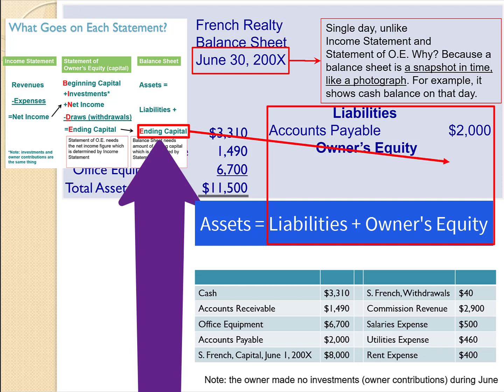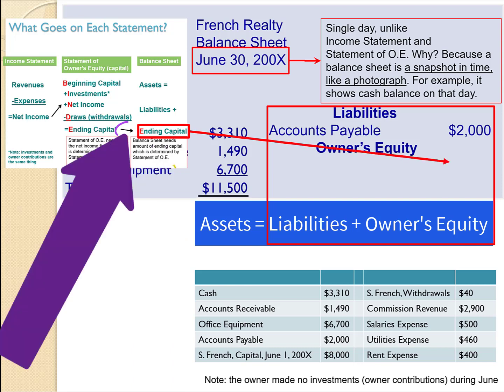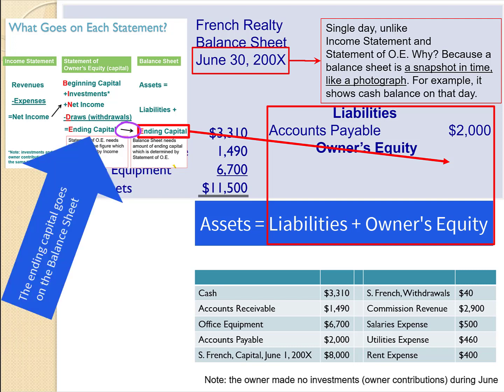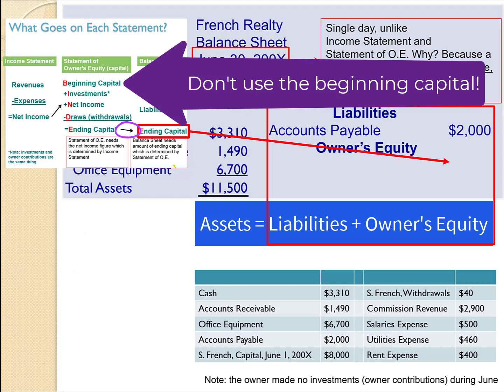And where do we get that ending capital from? Well, follow the arrow backwards. It came from the end of the statement of owner's equity. So a lot of students mistakenly use the beginning capital instead of the ending capital. It's an easy mistake to make, but you really need to be careful. If you use the beginning capital, then your balance sheet will not balance.